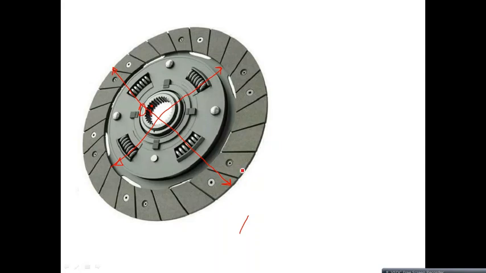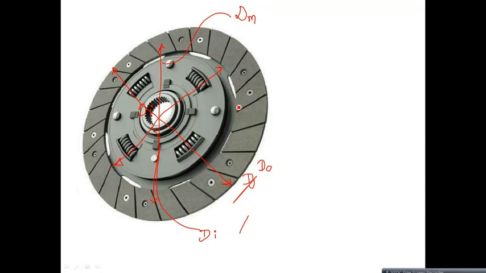The diameter of its outer surface is noted as the outer diameter do. And we are going to get one more diameter, the mean diameter, noted with the letter dm.